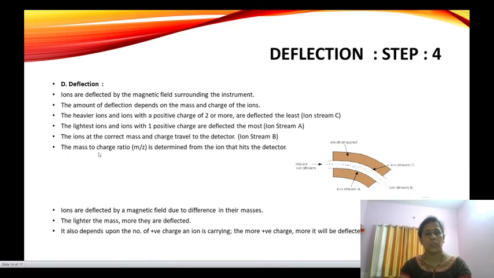The mass to charge ratio is determined from the ions that hit the detector.